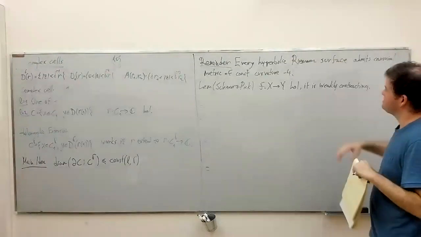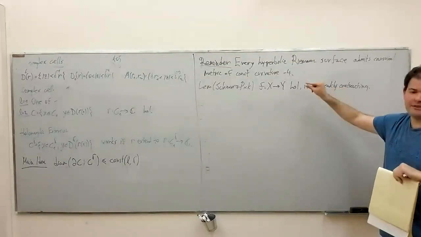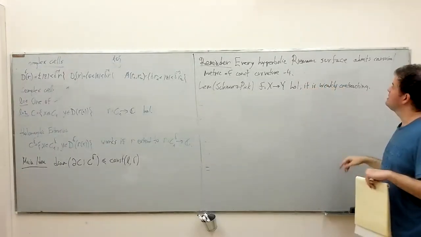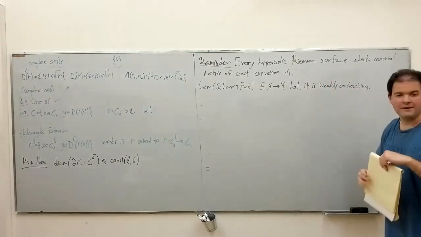So the distance between two points can only decrease, or it can stay the same, but it cannot grow. Okay, so it's like Lipschitz with constant 1.